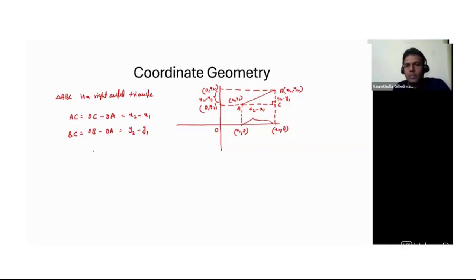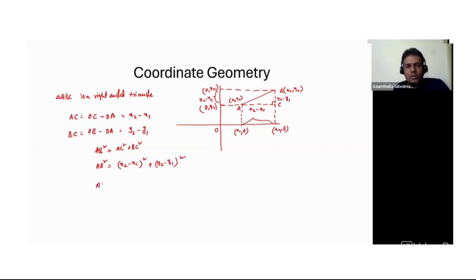Now using Pythagoras, what I can say, the AB square equal to AC square plus BC square, correct? Because AB is the hypotenuse in this triangle. So AB we need to find, so I'll keep as is. So AB square equal to what is AC? x2 minus x1 whole square plus what is BC? y2 minus y1 whole square.